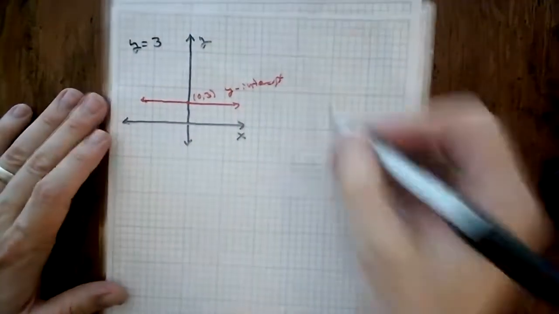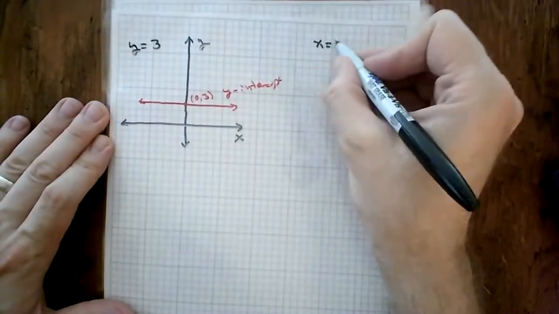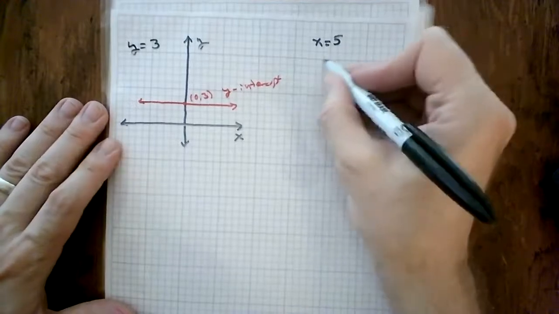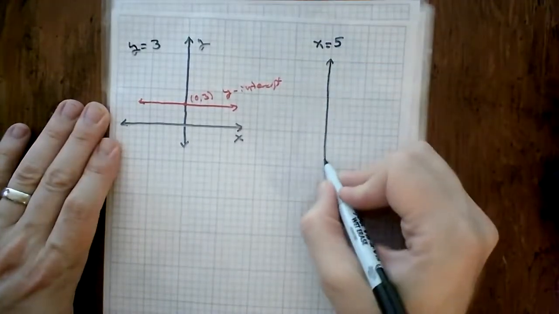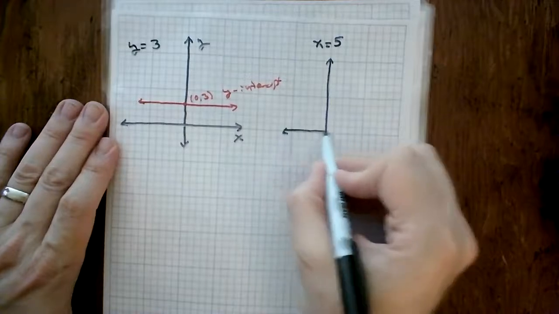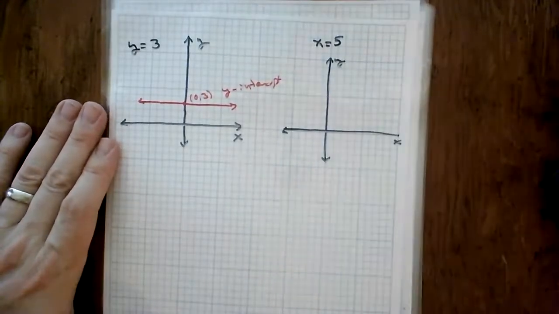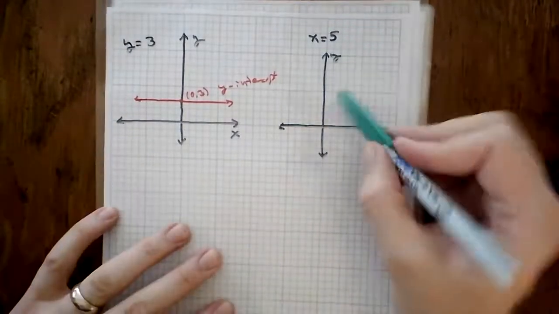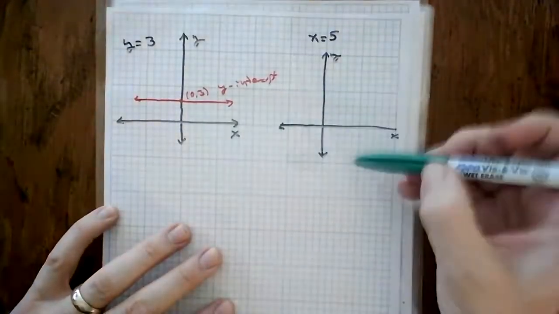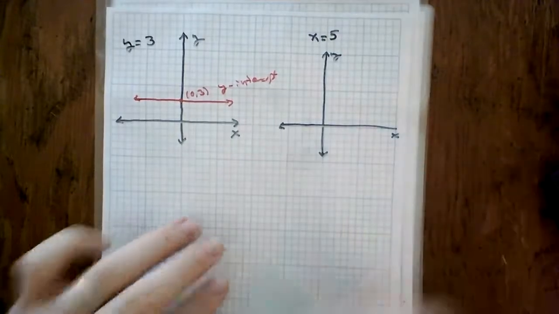Okay, let's say we've got x equals 5. All right, let's do that one. Here's my y-axis. Here's my x-axis. And here, instead of y being constant, y can be whatever it wants to be, but x is going to stay constant.